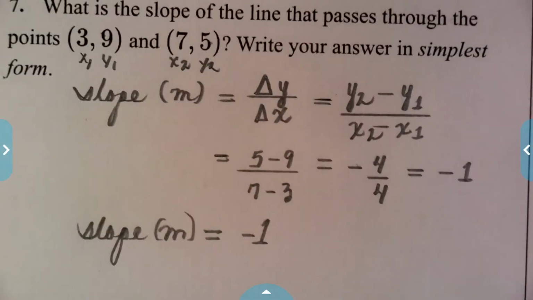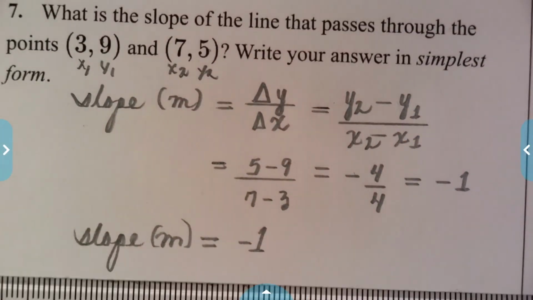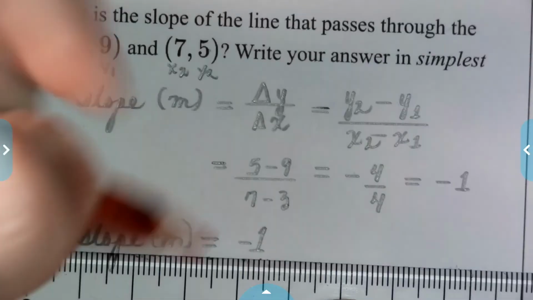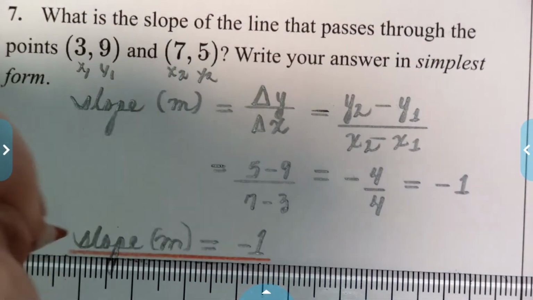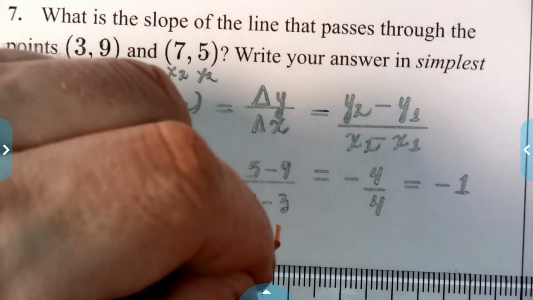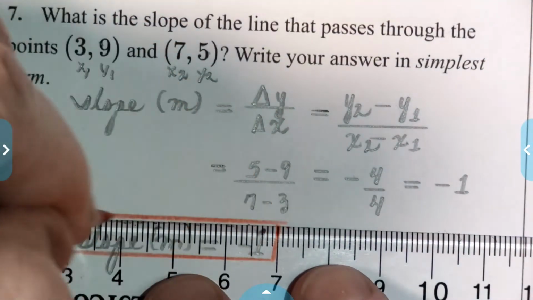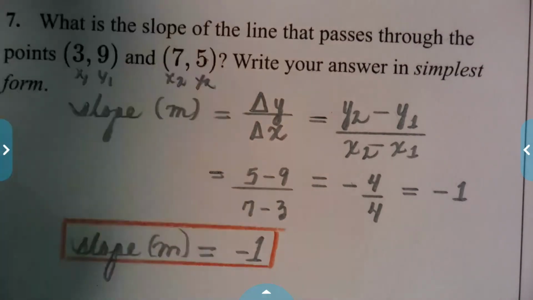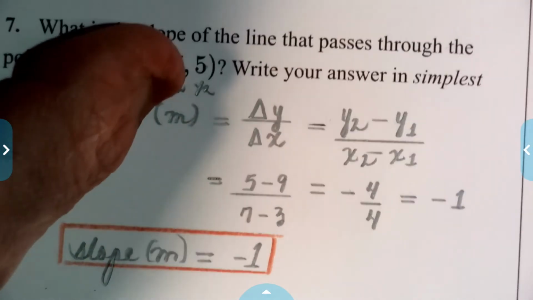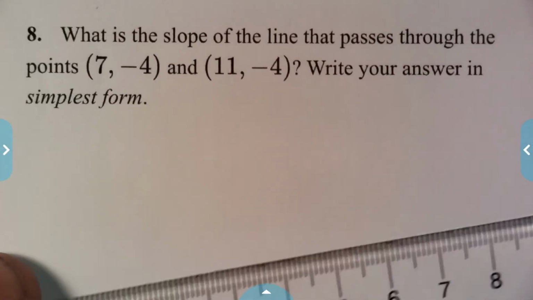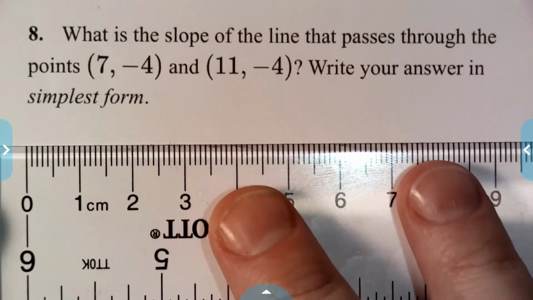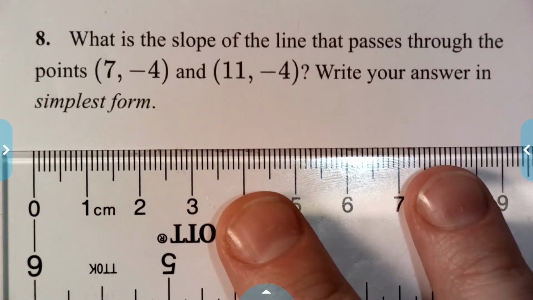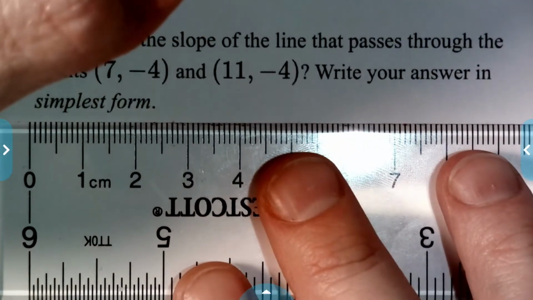Okay, and that's what we put in the box. Okay, number 8. And here we are again, presented with 2 points, asked to calculate the slope.